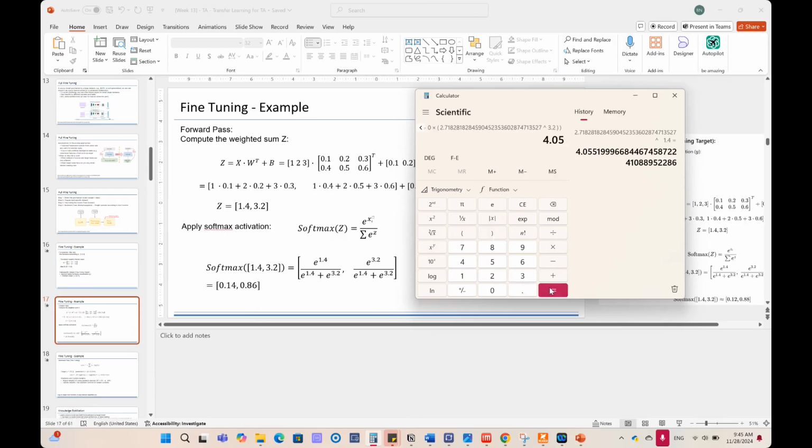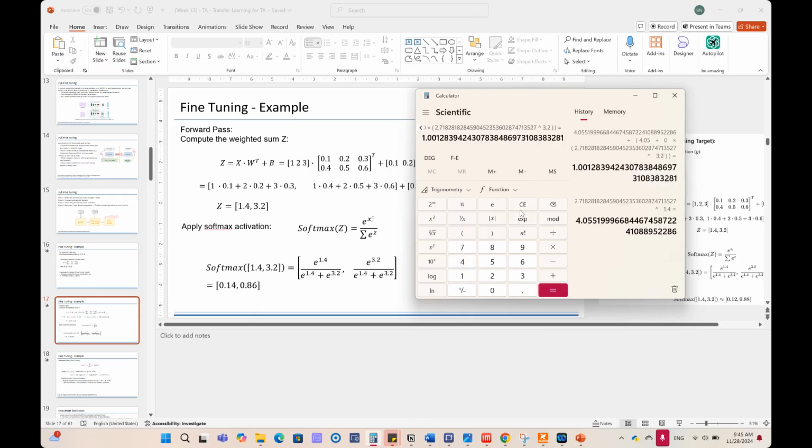Okay, and then oh sorry, maybe this is not correct. 4.055 divided by 4.055 plus e power 3.2.